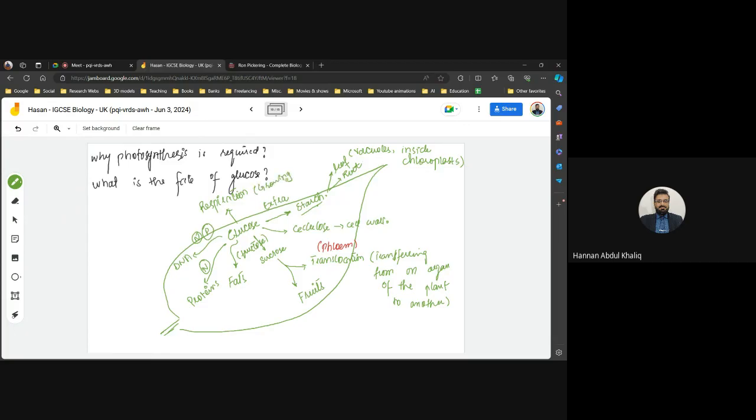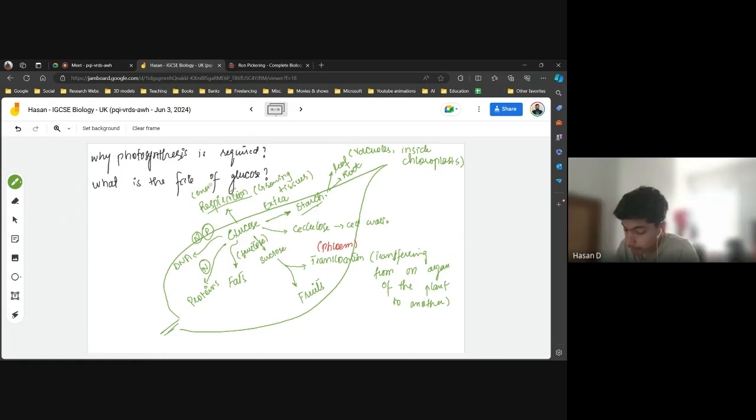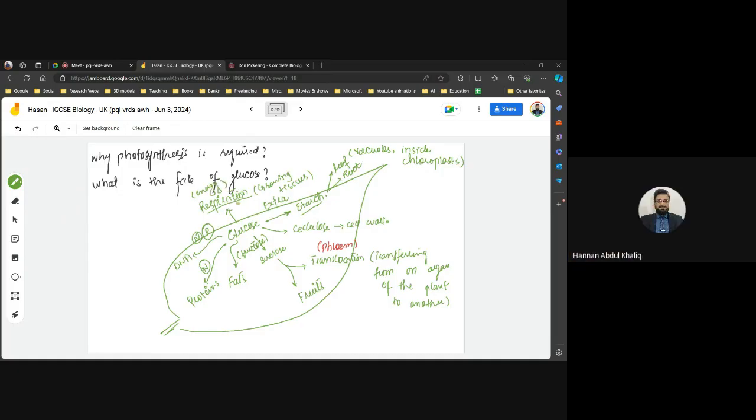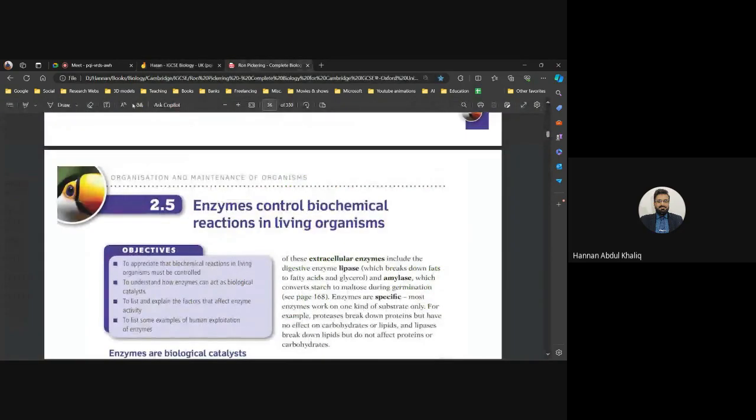Put a bracket and write down growing tissues. In the growing tissues, obviously, we would need energy. So we would be performing respiration. By breaking the glucose, we'd be doing the respiration to break it down into energy, and we'll be using them in the growing tissues. So that is basically the different fates of glucose.